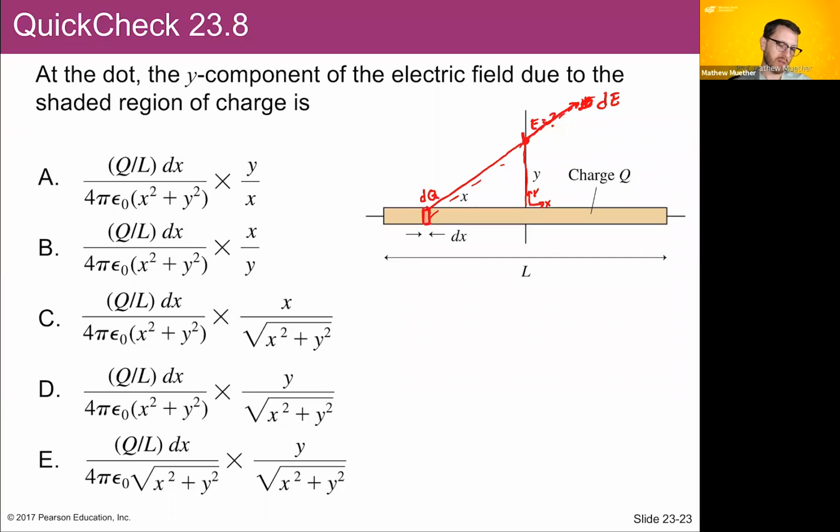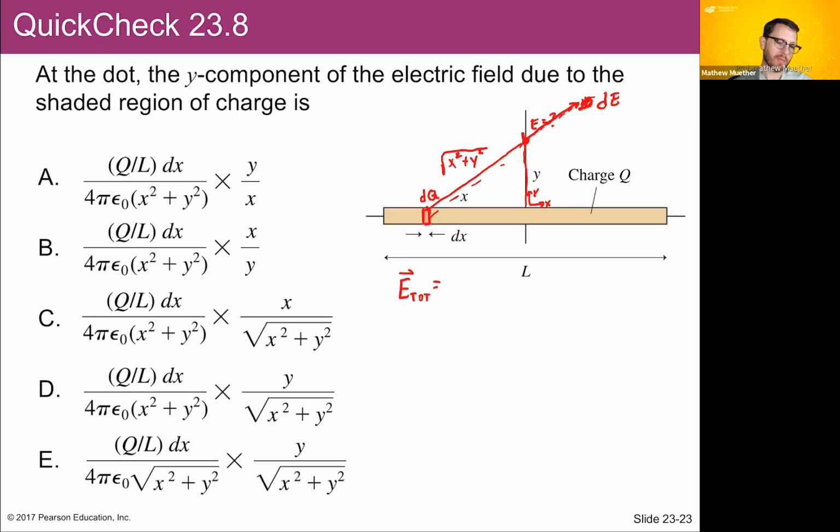It's going to be the square root of x squared, whatever my x coordinate is, plus y squared. That's the distance that I am away from that position on the rod. And then if I want to find the total electric field, how am I going to find the total electric field acting on this point?